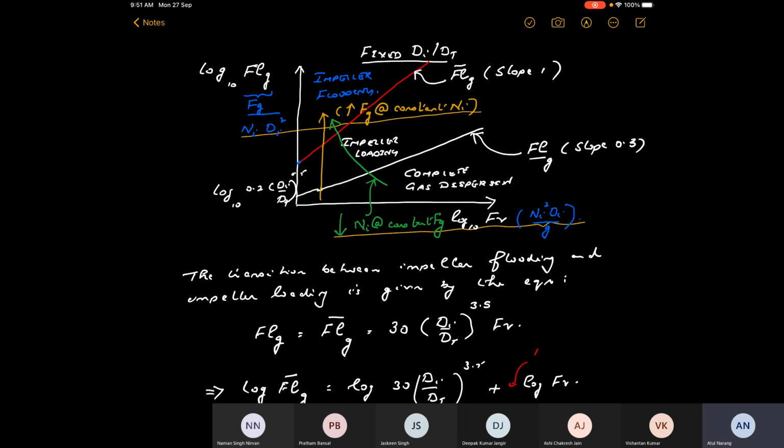And the answer is, well, let me just find out my flow number and see where it stands relative to the lower boundary. If Fl_G turns out to be lower than the lower boundary, then I'm good. If I'm above it, then I am in impeller loading. So that's as simple as that.